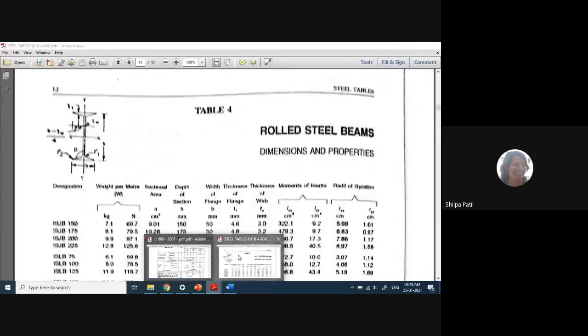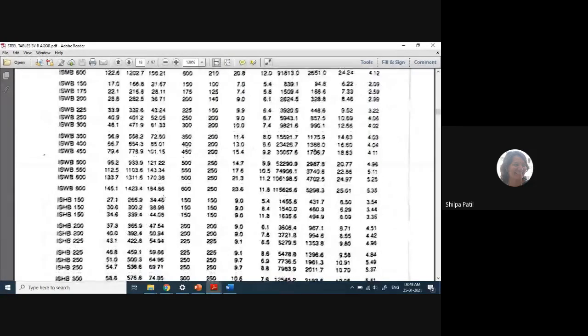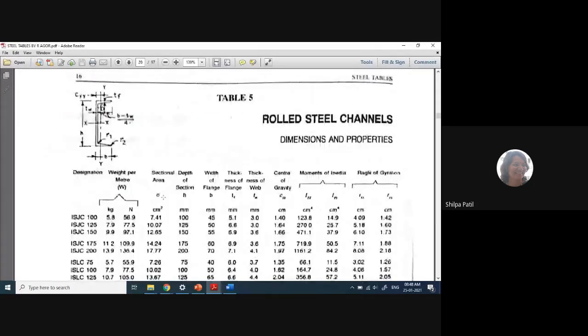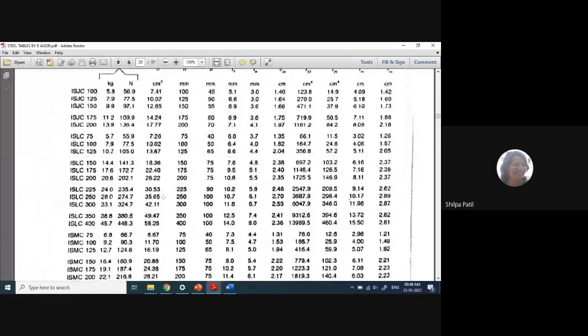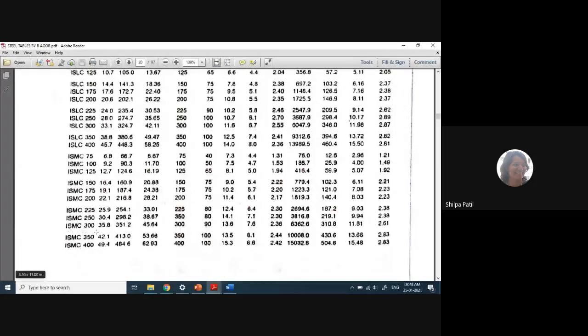If I go to the steel table, to the channel section page, here are the channel sections. Let us go to our required section, ISMC 300, 35.8 kg per meter.